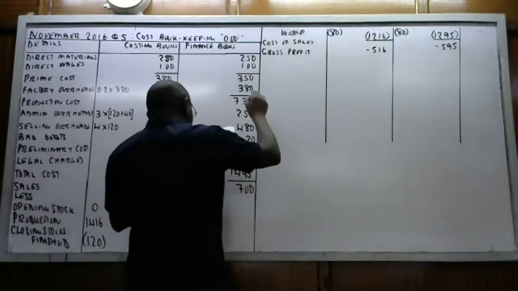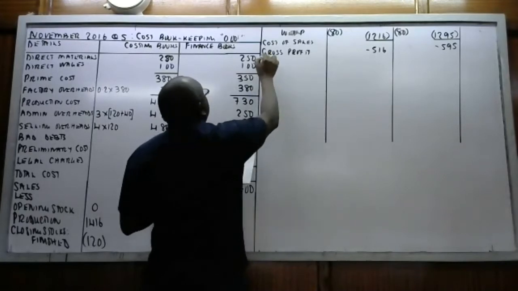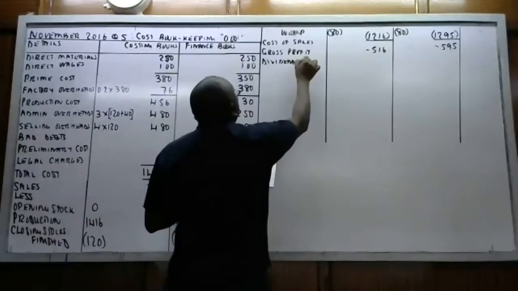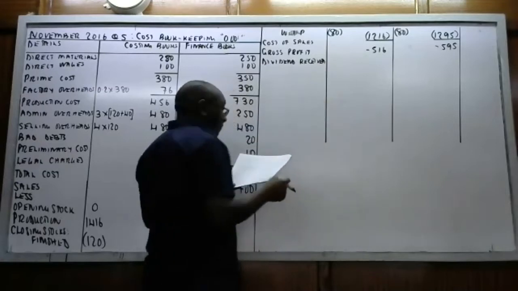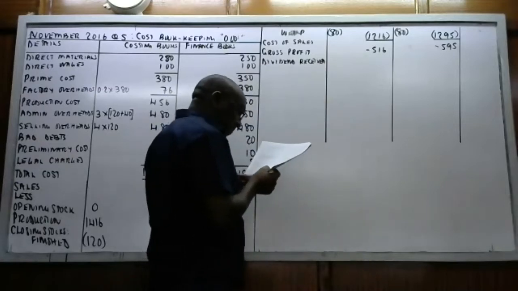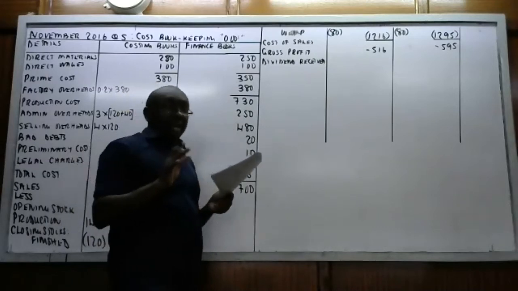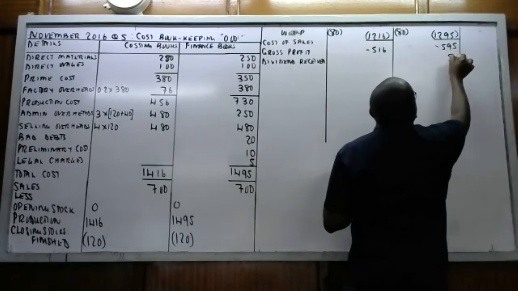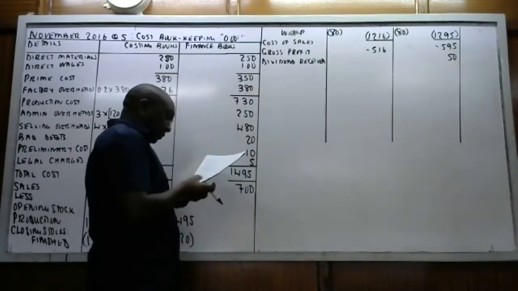So from there, you bring dividend received. The dividend received is an income, and it only appears in finance. So your 50 only appears in finance.